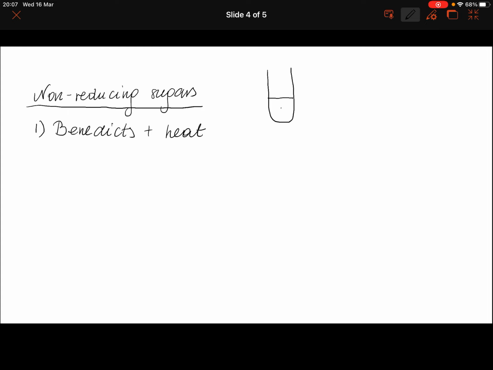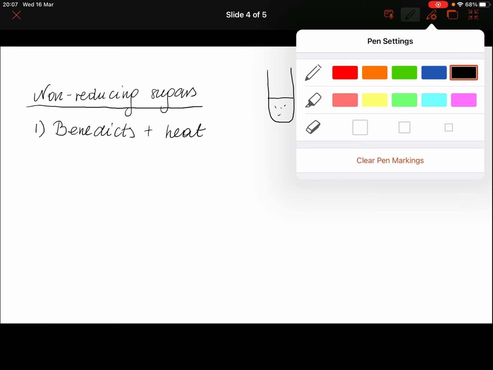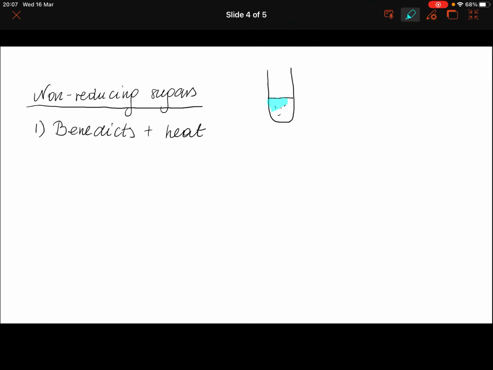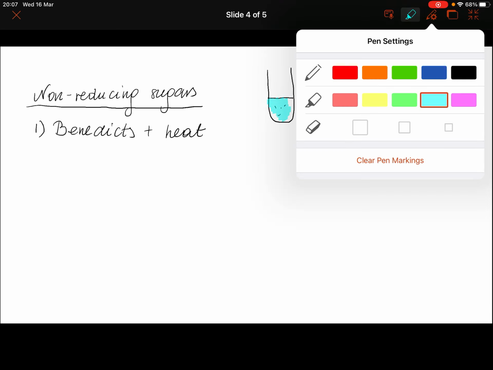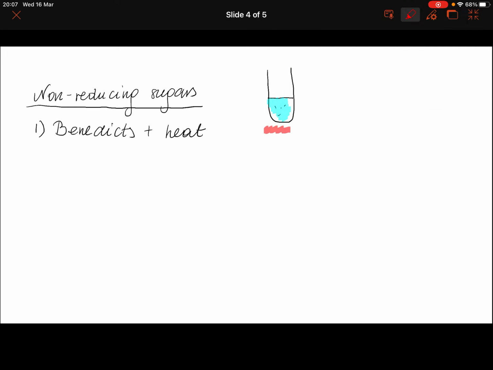However, by doing so, remember, this was our sample, Benedict's reagent is blue. We heat the sample, but we're not achieving positive results yet. Our sample will still remain blue. There is no color change.